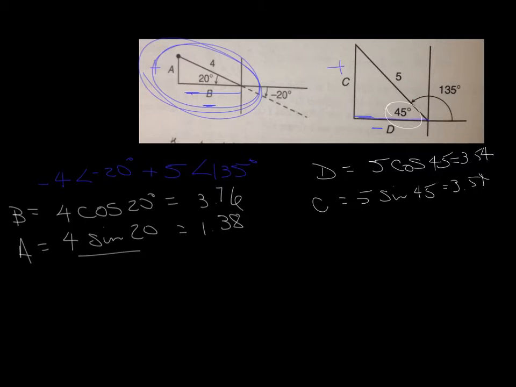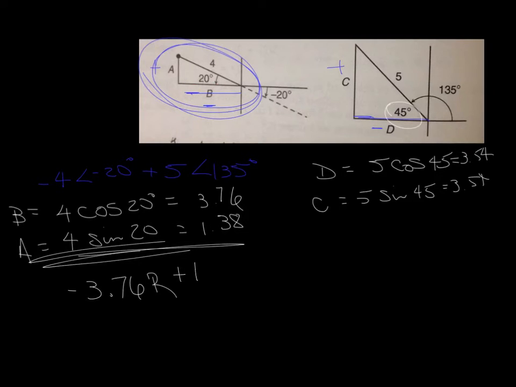Let's look at the left-hand side here and write that point. I'm going to write it as negative 3.76 r because I went to the left, so my x is negative, plus 1.38 u since I went up.